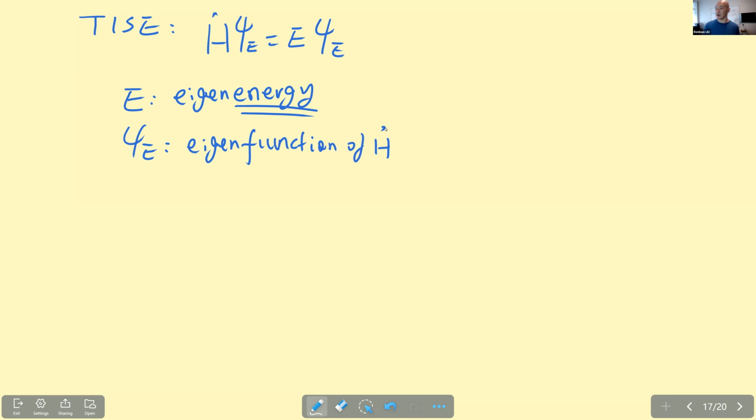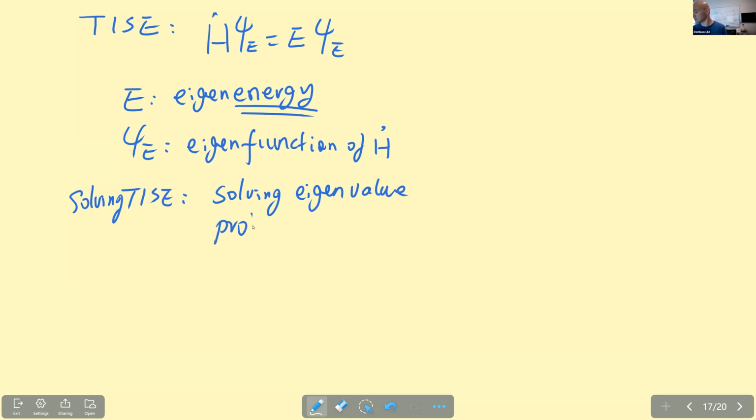Solving the time-independent Schrodinger equation is now solving an eigenvalue problem in partial differential equation theory. So why do we call this an eigenfunction?